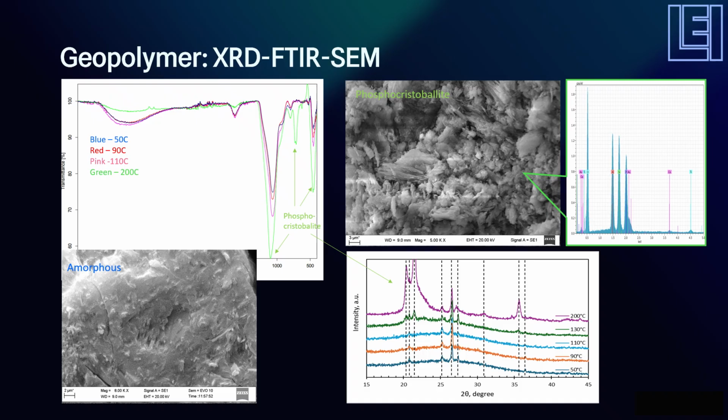Phosphocristobalite is characterized by a porous microstructure, which was also observed in our samples, thus implying the formation of P-O-aluminium-OH instead of P-O-aluminium-O units.